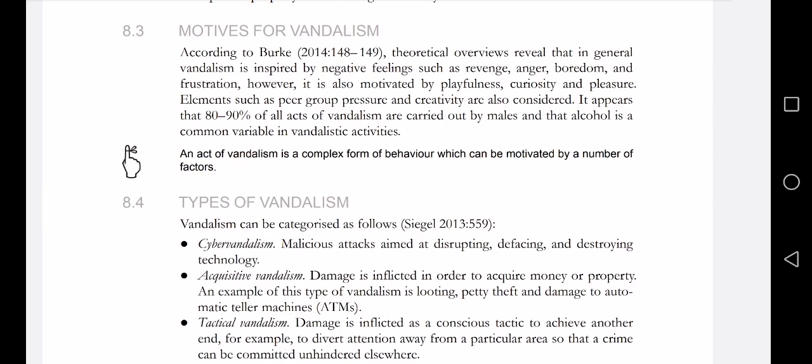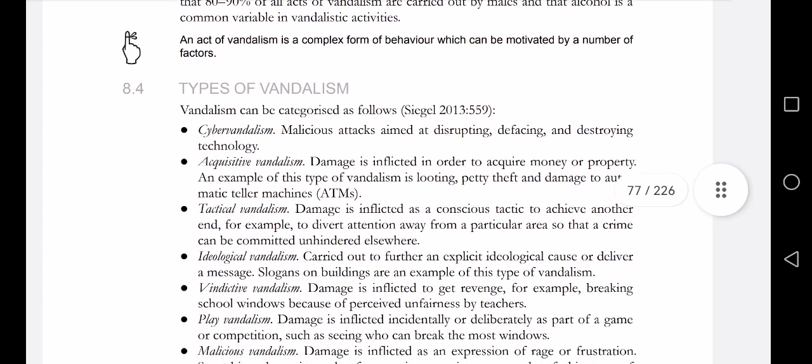It appears that 80 to 90% of the acts of vandalism are carried out by males, and that alcohol is a common variable in vandalistic activities. An act of vandalism is a complex form of behavior which can be motivated by a number of factors. All right.